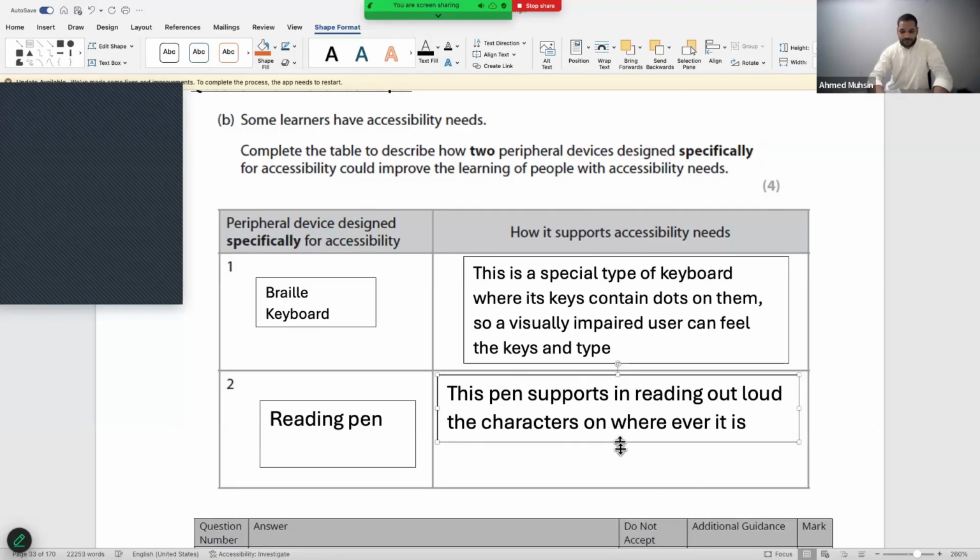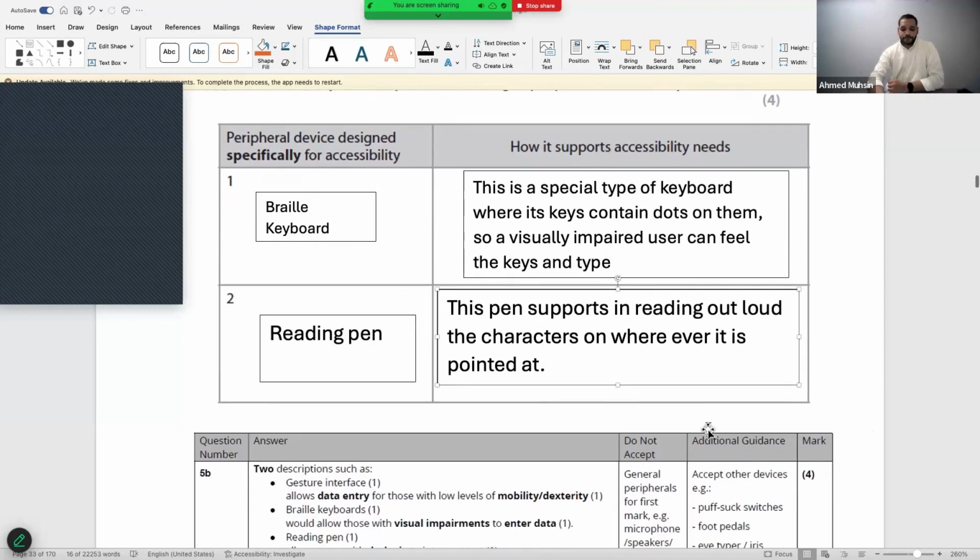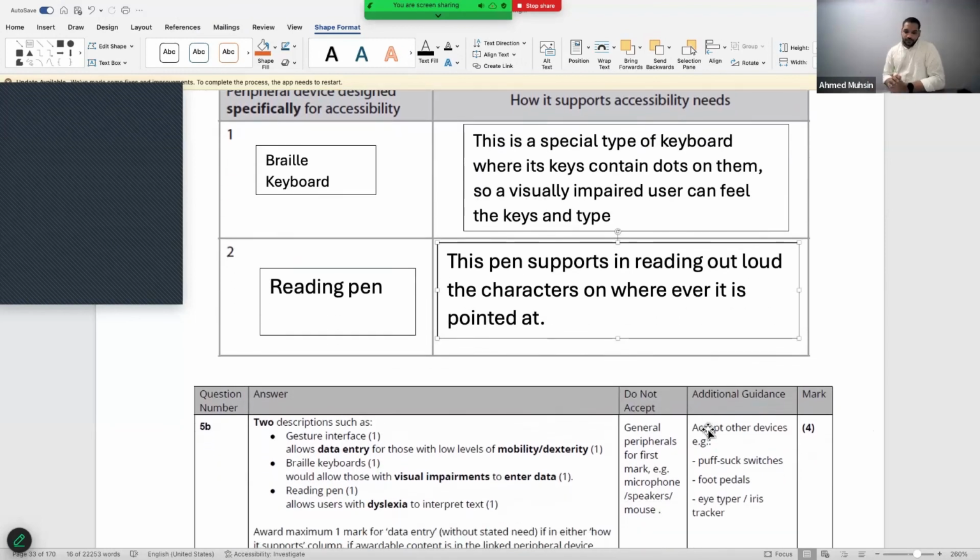Are we okay with this? They have also accepted gesture interface, guys. Look at the marking scheme. Okay, gesture interface has also been accepted.